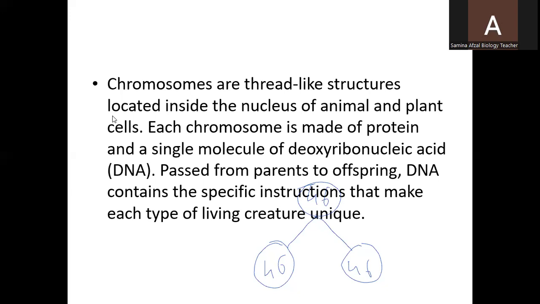And what are chromosomes? Chromosomes are the thread-like structures which are located inside the nucleus of all living organisms. Each chromosome is made up of protein and a single molecule of deoxyribonucleic acid. Deoxyribonucleic acid is the hereditary material which is present inside the chromosomes in the form of a double helical structure.